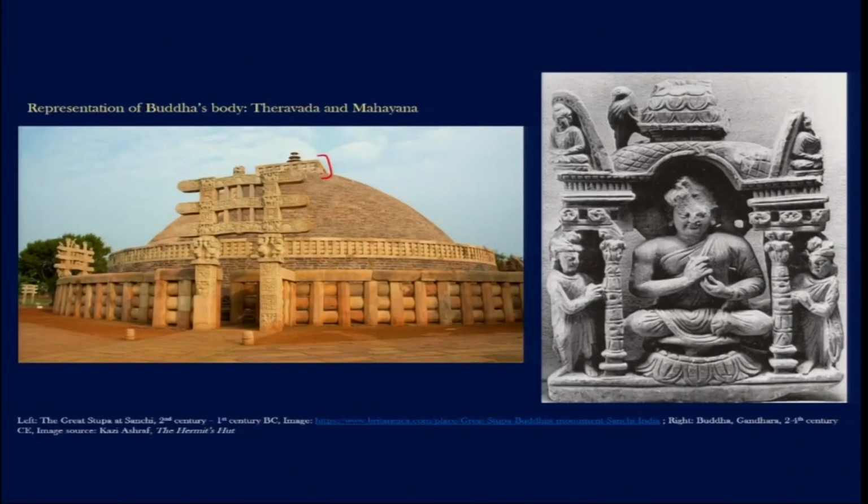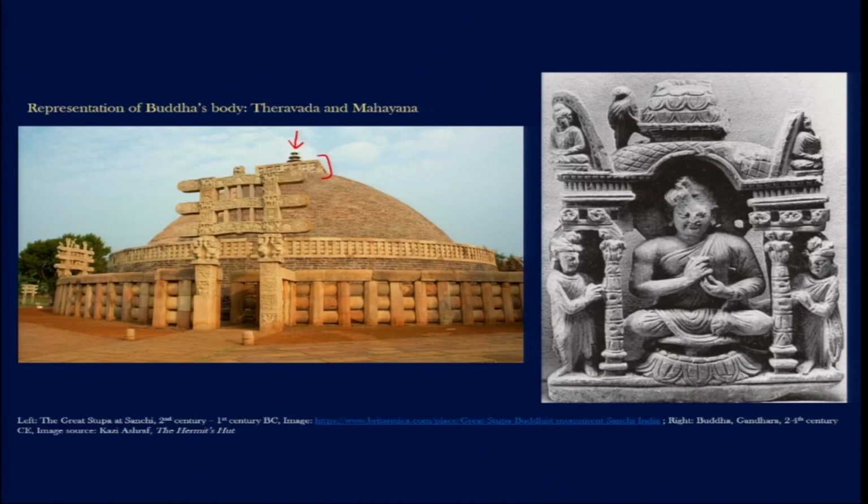Now in the center of the stupa, it is believed that there is a small casket or a small box in which relics of Buddha are kept, and that is the reason on the top of this hemispherical mount we find that there is a small area which is again fenced, and then there is an area where we find those umbrellas.